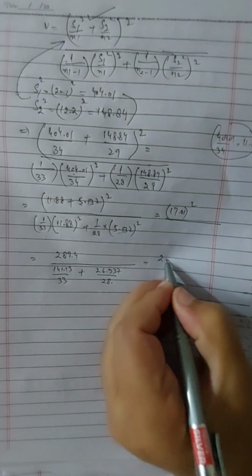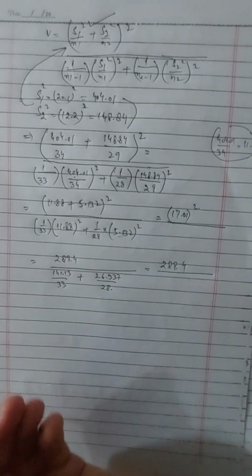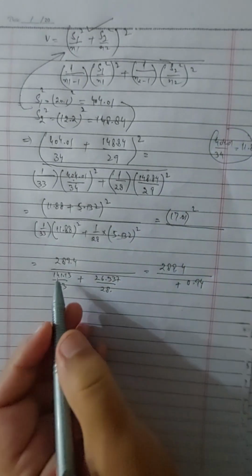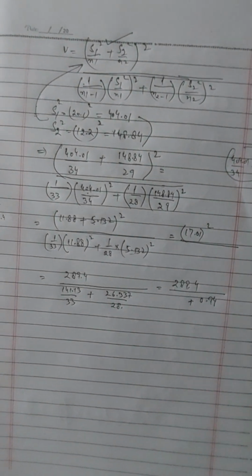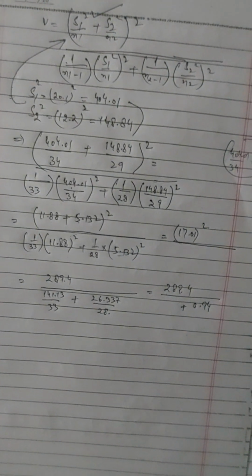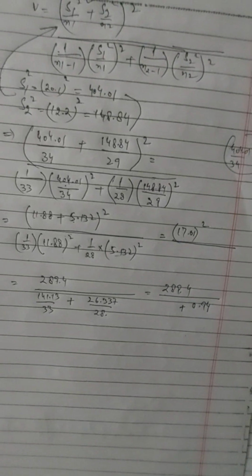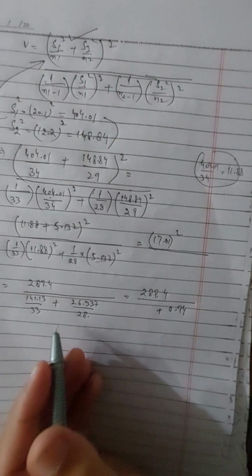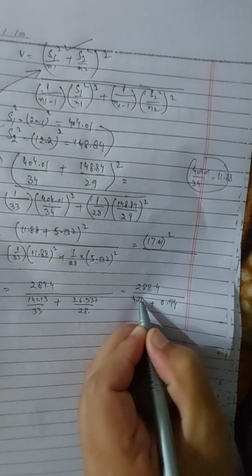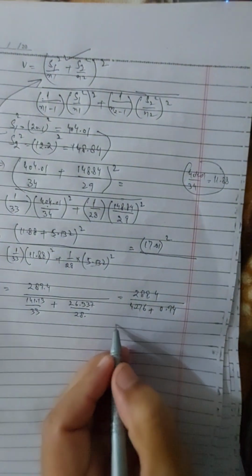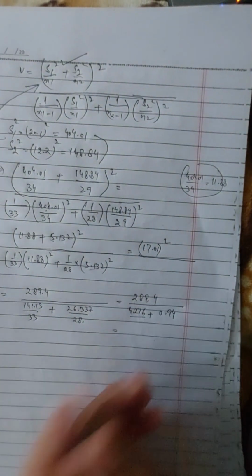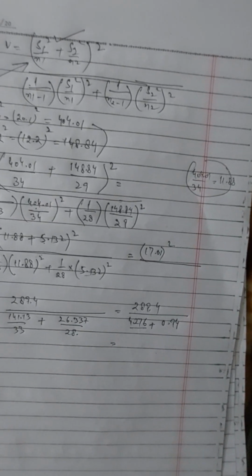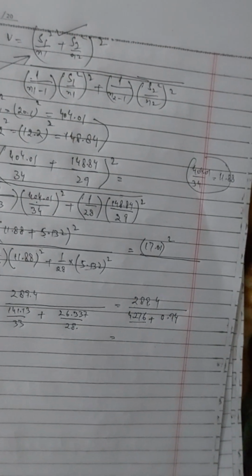Okay, so we get 289.4 divided by, this will give us a value of 0.94, and let's calculate this. 141.13 divided by 33 will give us a value of 4.276. Okay, now 289 divided by 4.276 plus, let's add the other value 0.94 added to 4.276.